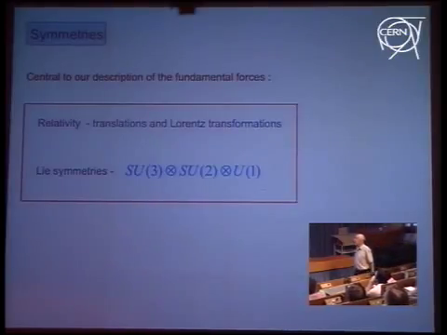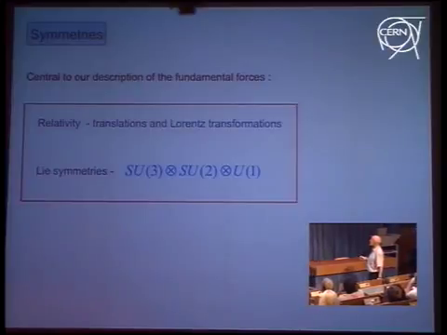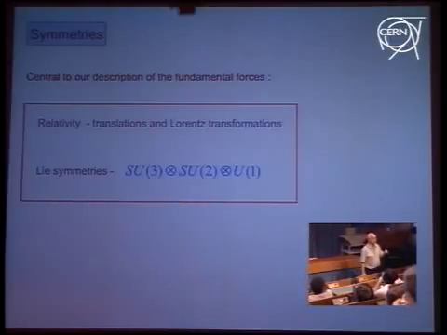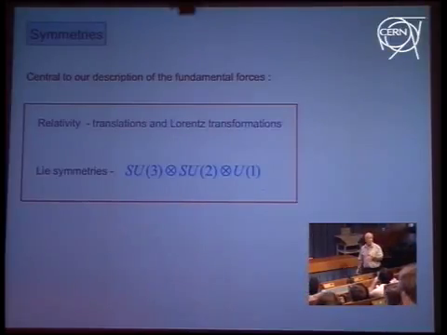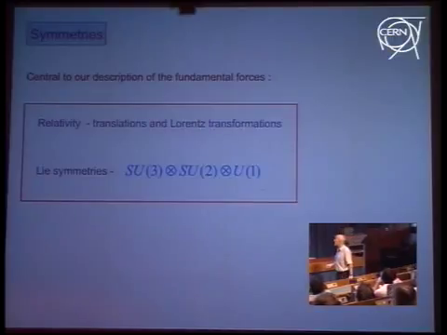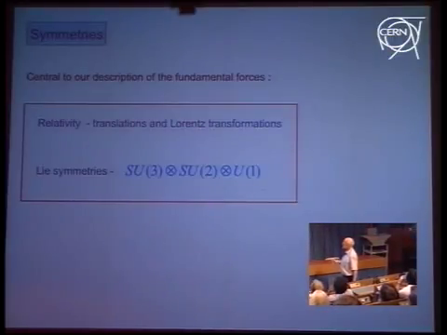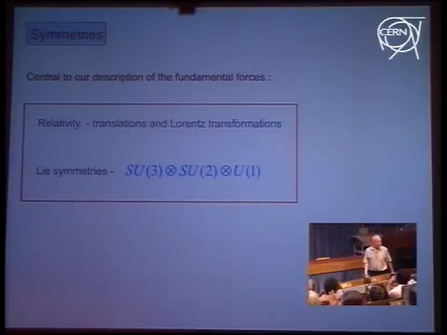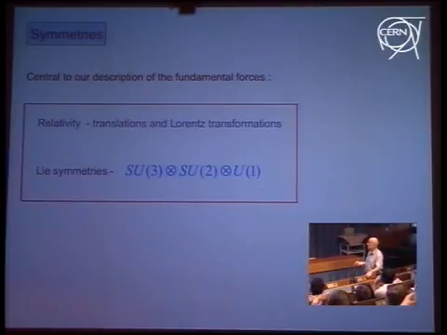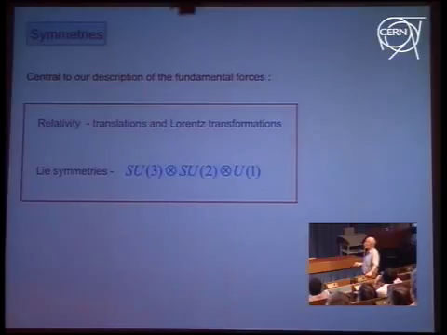They belong to doublets of SU2. And the SU2 cross U1 together will lead to an understanding of the W plus, W minus, and Z gauge bosons, generating the weak interactions and the electromagnetic interaction. So this is a very nice observation that once you've recognized the symmetries, you get the dynamics out. And that will be something to look forward to, I hope.